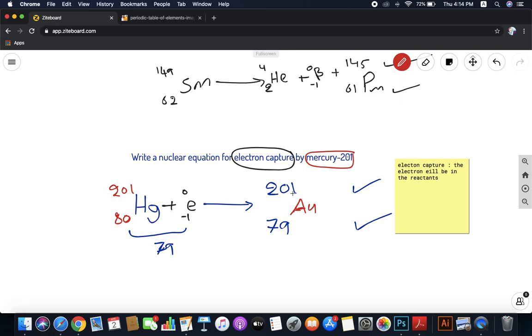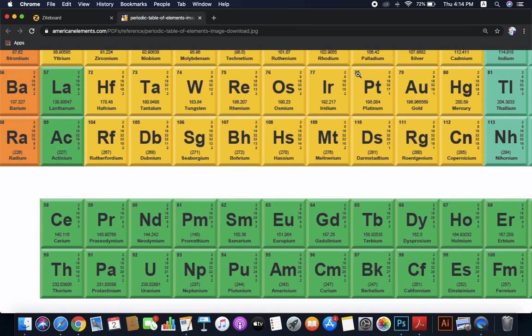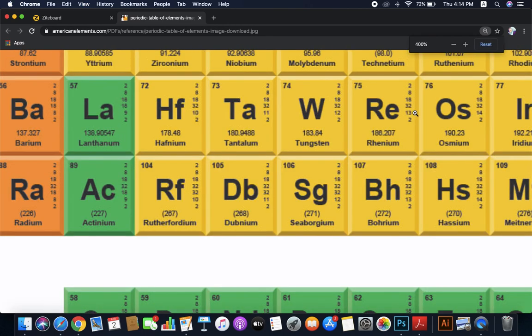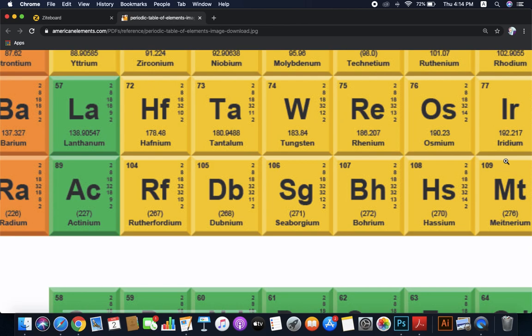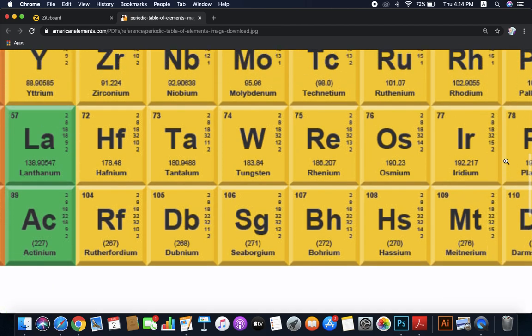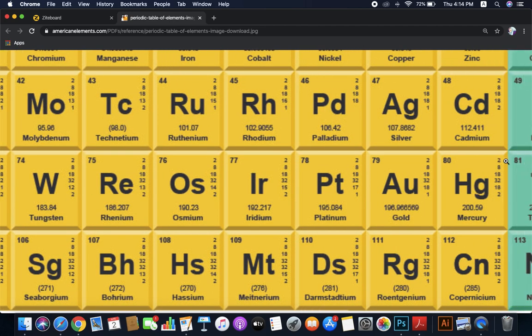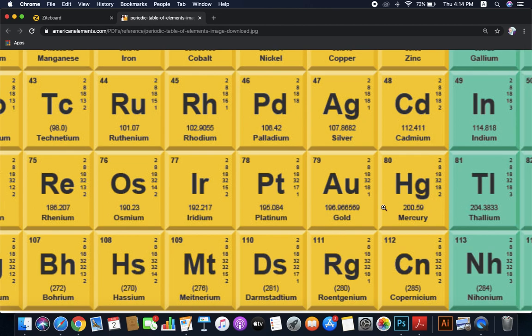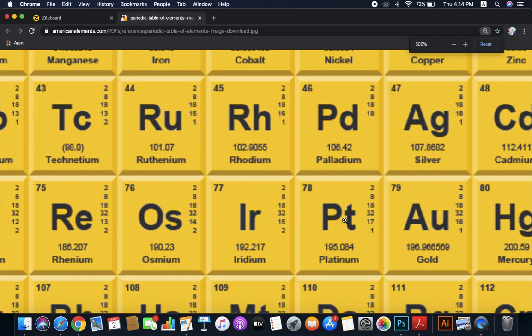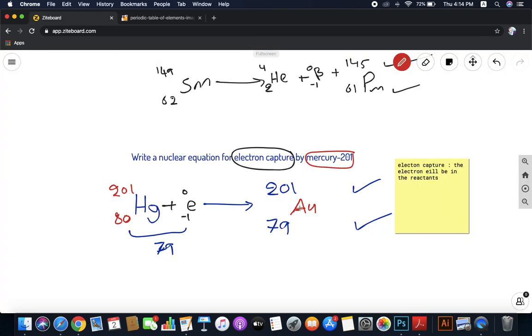Now 201 is the atomic mass for Au? Here it's 190. Sorry, this is Os. Here it's 196. Here my isotope is 201. So those are different isotopes.